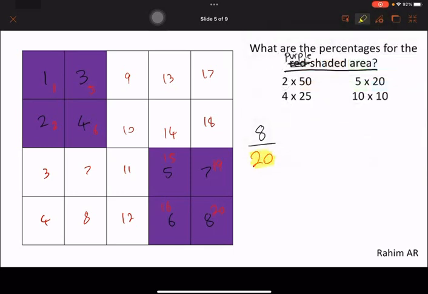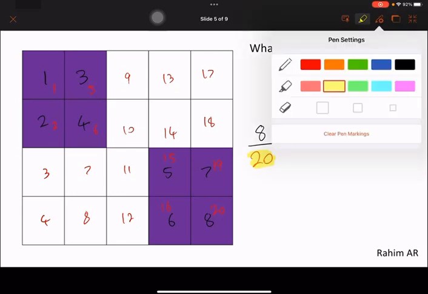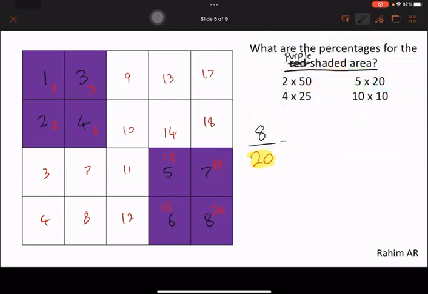As you can see here, we have some problem because the denominator is 20. Remember, we have to make sure that we get 100 for our denominator. Okay? So, how are we going to answer this question?